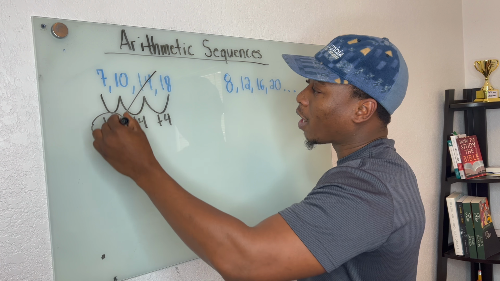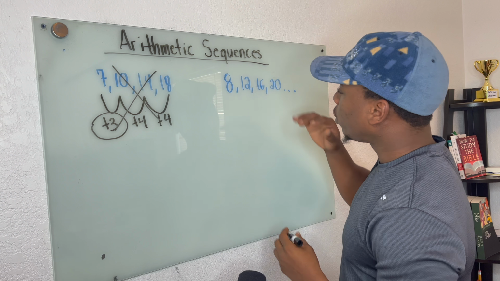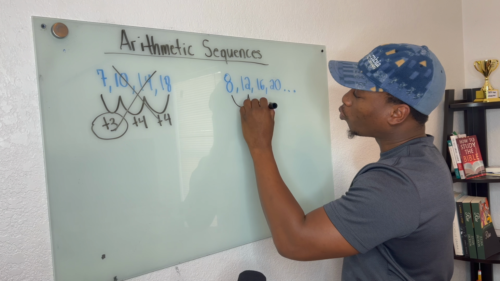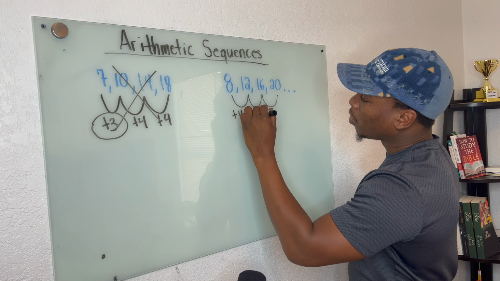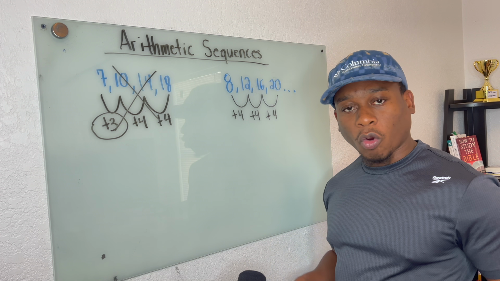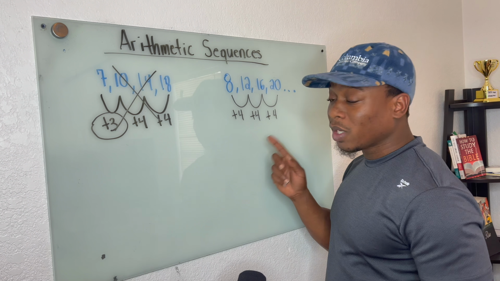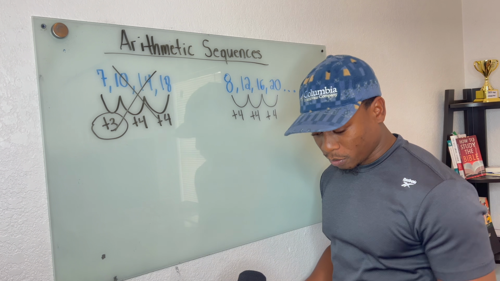So this would not be an arithmetic sequence. When we check out our second set of numbers and we repeat that process, we notice that we have a common difference of 4 across the board. So this would be considered a sequence, all right? That's the first thing we have to know.